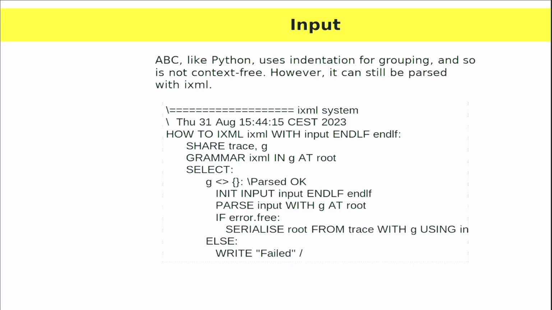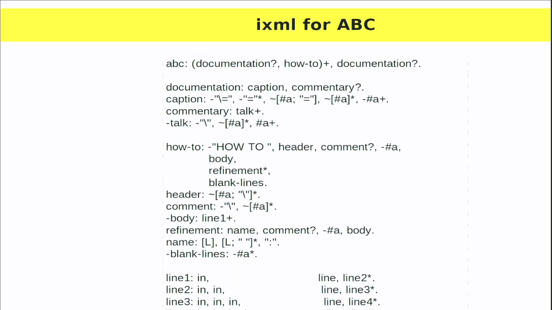And then we select if G isn't empty, which means the parsing has happened okay, then we initialize the input, and then we parse the input with G. So we use that grammar for parsing the input. And then if there were no errors in that, we serialize the result as XML. And otherwise, we just write the word failed. So that's the top level procedure for the whole thing.